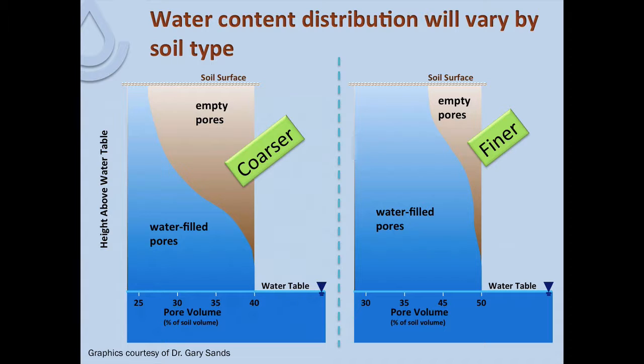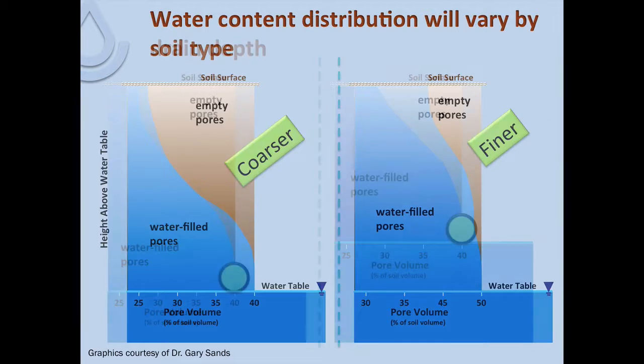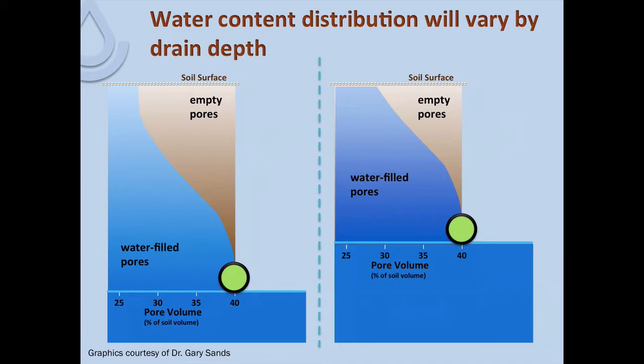Again, because of the difference in pore sizes, with the larger pore spaces in between those sandier particles, more of that water will drain out, a higher drainable porosity versus a lower drainable porosity in that finer textured soil.